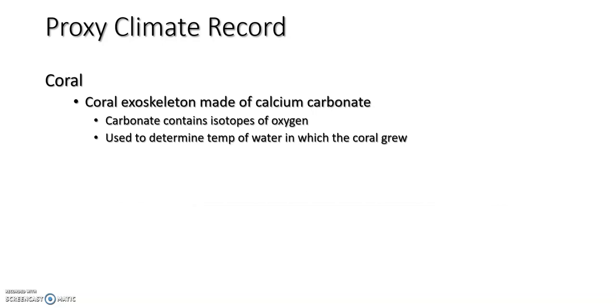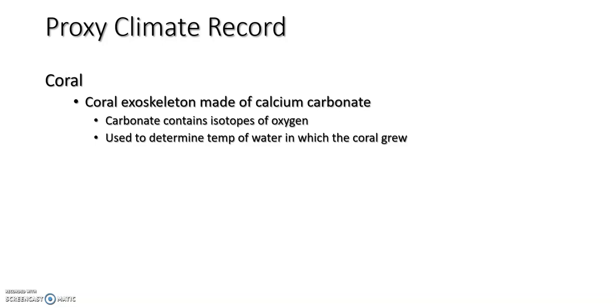Coral skeletons have calcium carbonate that is also carbon in them. It also contains oxygen. Interestingly, one of the things that I find fascinating is that they can actually look at the ratio between oxygen 16 and oxygen 18 in things that contain oxygen, and the ratio will tell them what the temperature was in the atmosphere at that time.